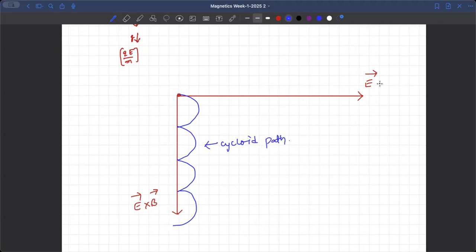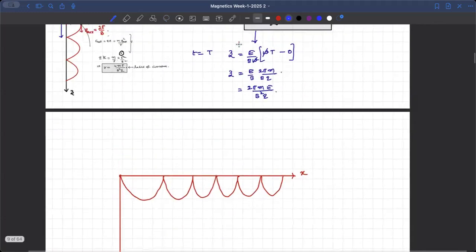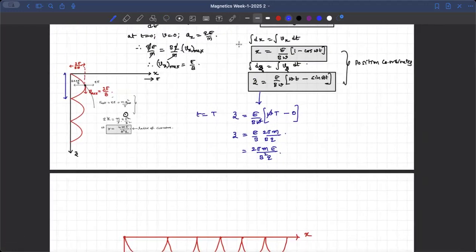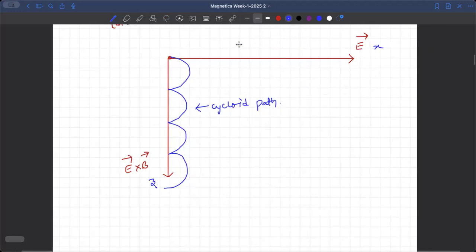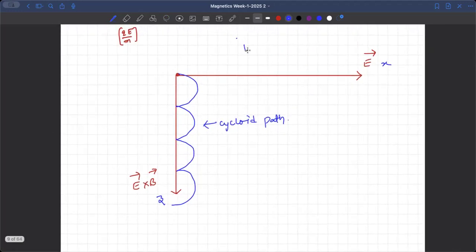If you are taking this as X and this one as some Z, for example, I have given you very clearly the expressions for velocities and positions along these directions. You just remember V. If you remember V, you will get everything. The Vx term in this case is E by B sin omega t.